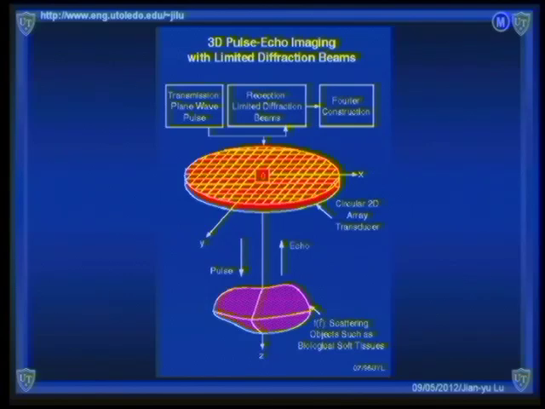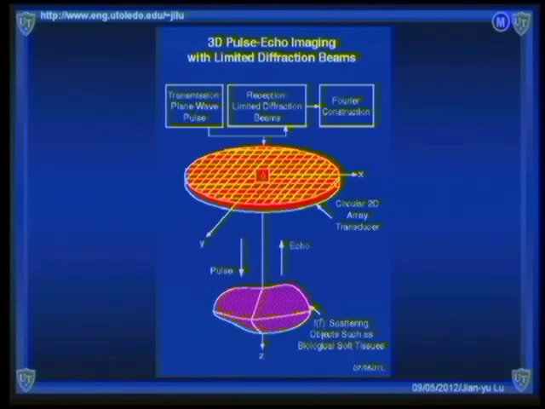This is the illustration, just to show you. If you have a two-dimensional array, here's the three-dimensional object. You illuminate the object with a pulse and get echoes, and each individual element is isolated, so you can have a signal from each transducer element and do the processing we just mentioned, and then reconstruct the image.